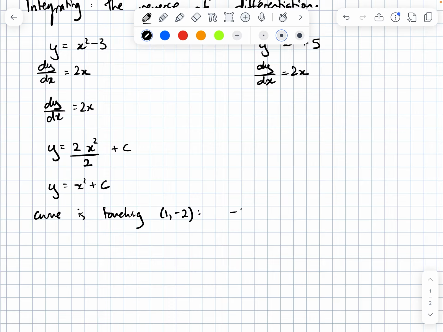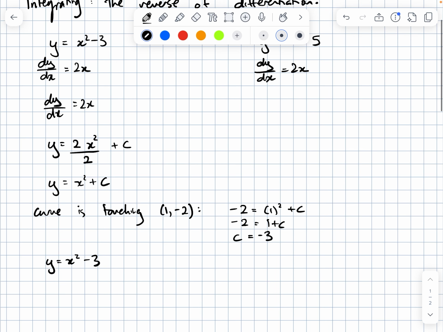So for example, -2 equals 1 squared plus c. That means -2 equals 1 plus c, so c is equal to -3 in this equation, which means that our full equation is y equals x squared minus 3. Now that should be a complete recap from Level 2.